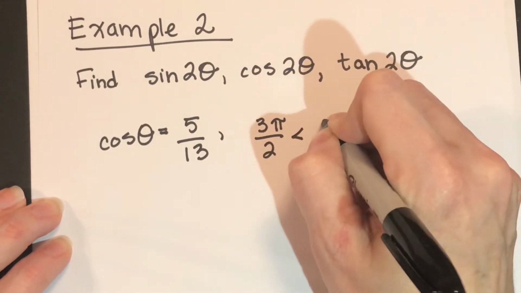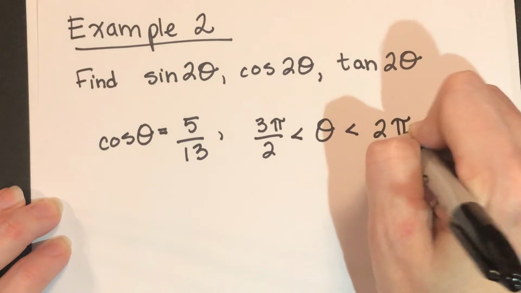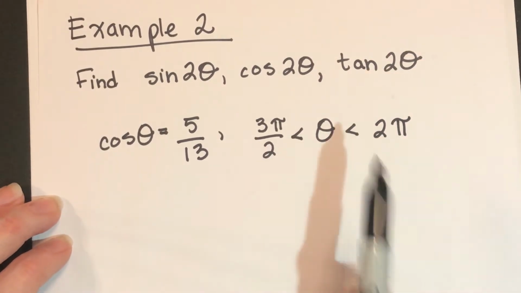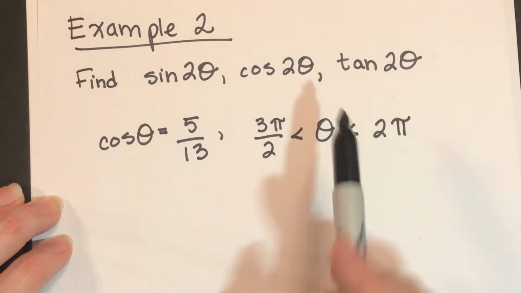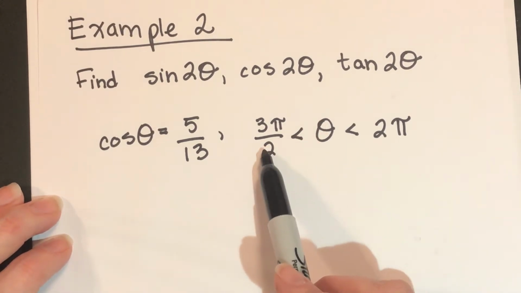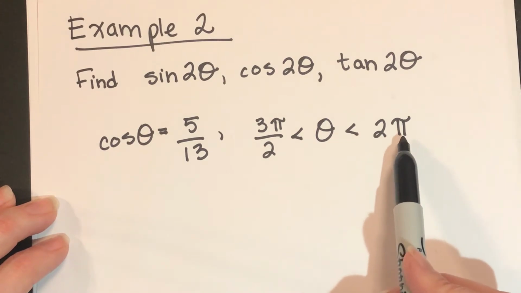3 pi over 2 is less than theta is less than 2 pi. So this is telling you what quadrant you are in. Your angle theta is between 3 pi over 2 and 2 pi.